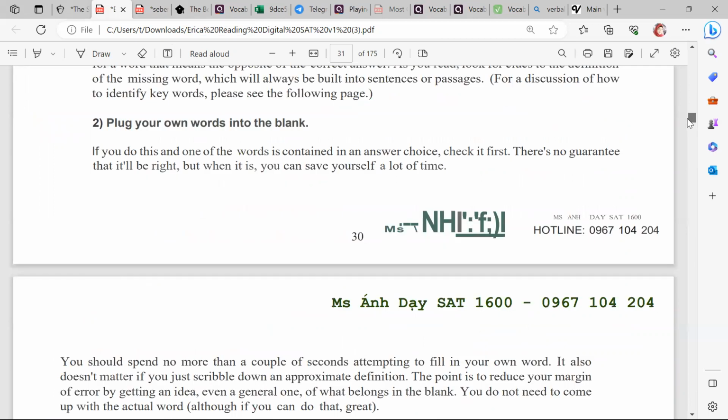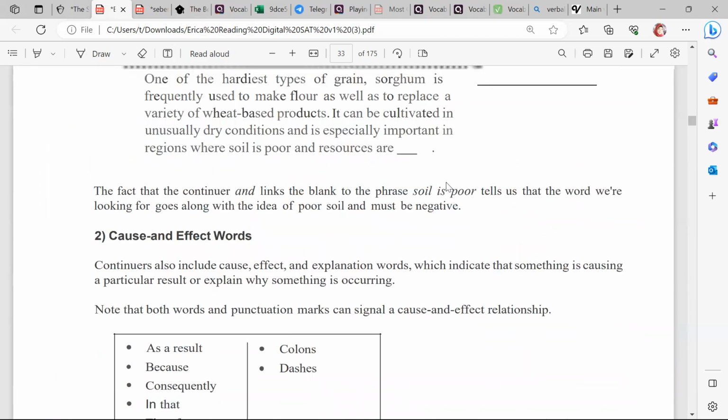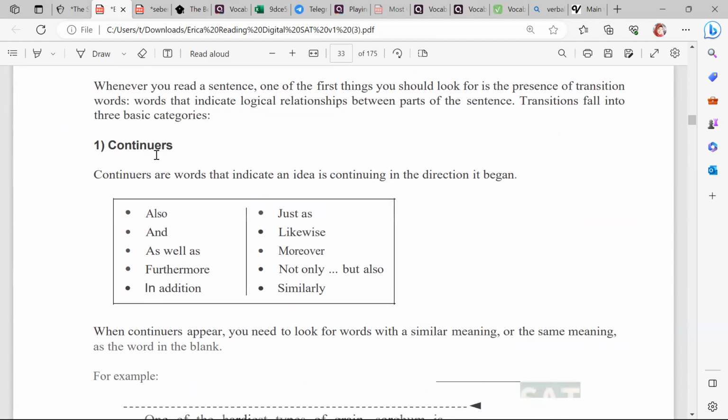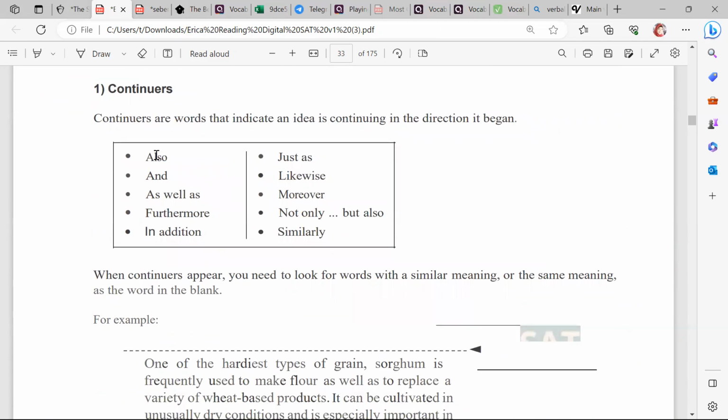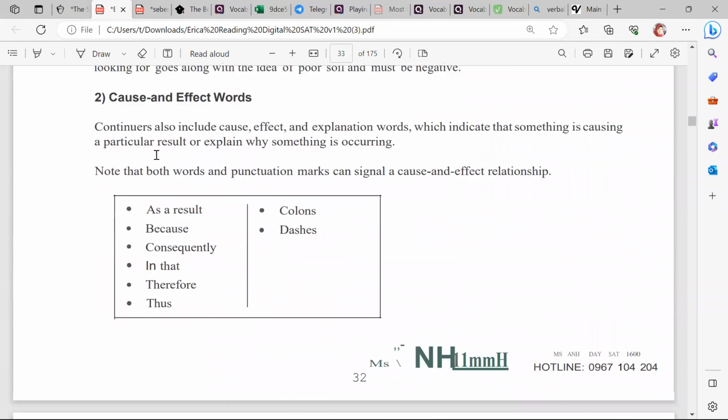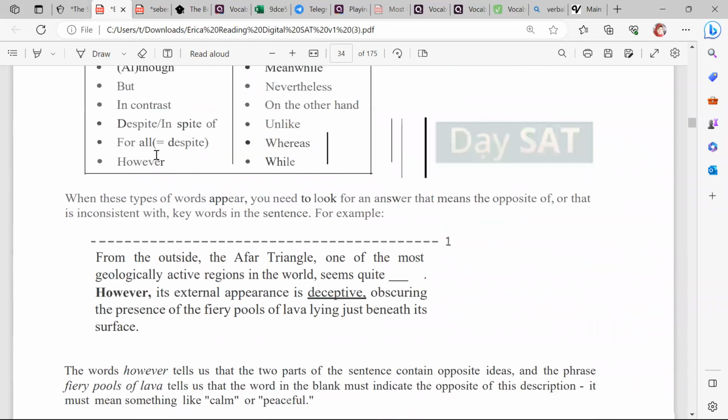The book displays the strategy, and it introduces the different transition words, because transition words, as I told you, can be very reliable context clues to find the right answer.